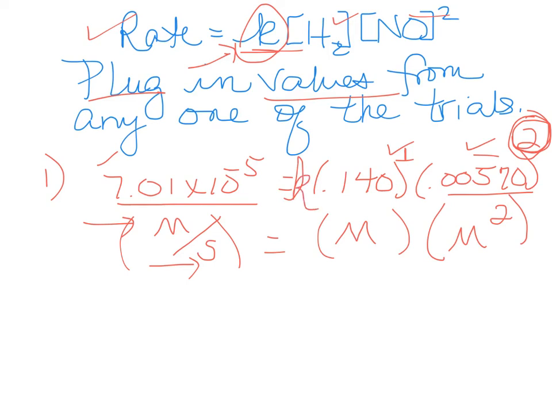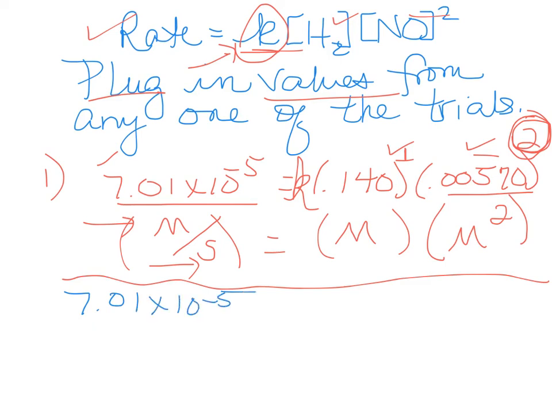So now it's just a matter of algebra. Let's go ahead and do the math and see what we have. I'm going to try to do it stepwise for you. Okay, so I'm going to go ahead and square 0.00570 and then multiply it by 0.140.